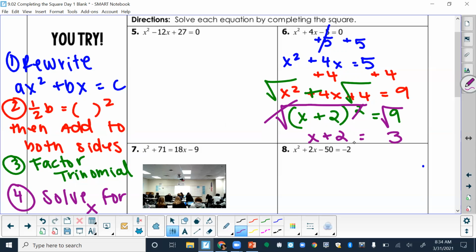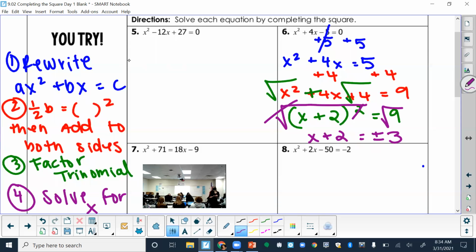What would the square root of 9 be? 3. And then don't forget, I want you to get used to this, it's going to be plus or minus 3. That's a plus or minus symbol, meaning that it could be 3 times 3, that's the square root of 9, or negative 3 times negative 3. That's the square root of 9.